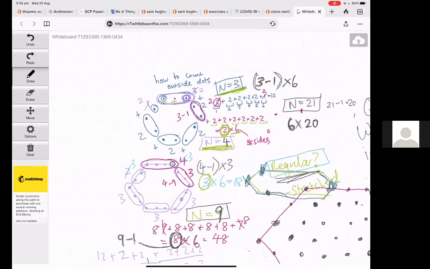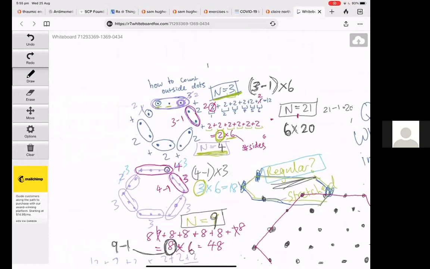Okay, so that means if the side length is n dots each side, then my formula, which tells me how many outside dots there are, is n minus 1 times 6. Does that make sense? Because you just take 1 away from the side and then you add that up 6 times, right?